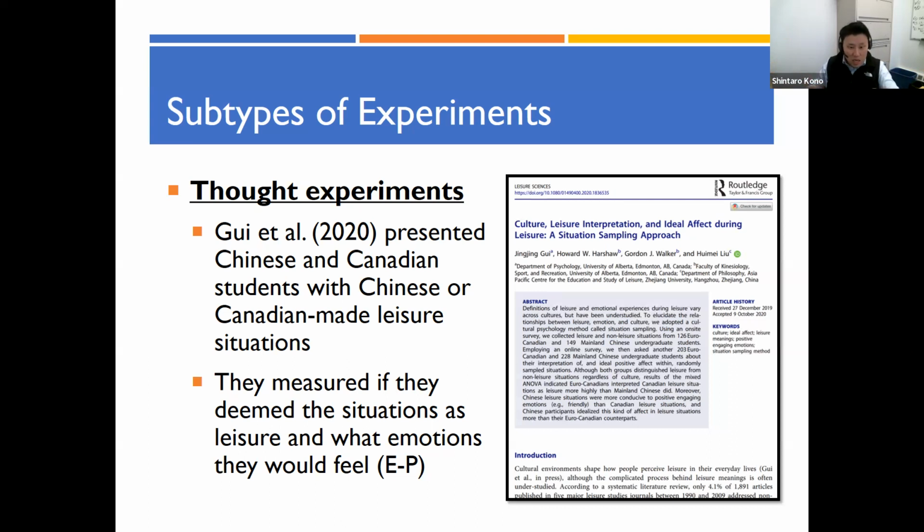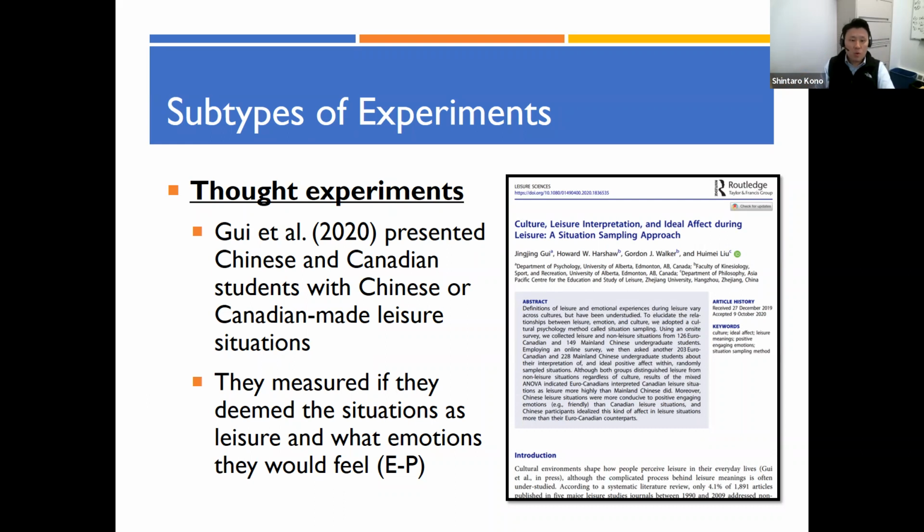This is an experienced participant approach, important, because we're talking about emotions, it's subjective, right? Experience participants, because it's an internal vantage point. We're asking people to determine whether such scenarios are leisure or not, their understanding of leisure, right?